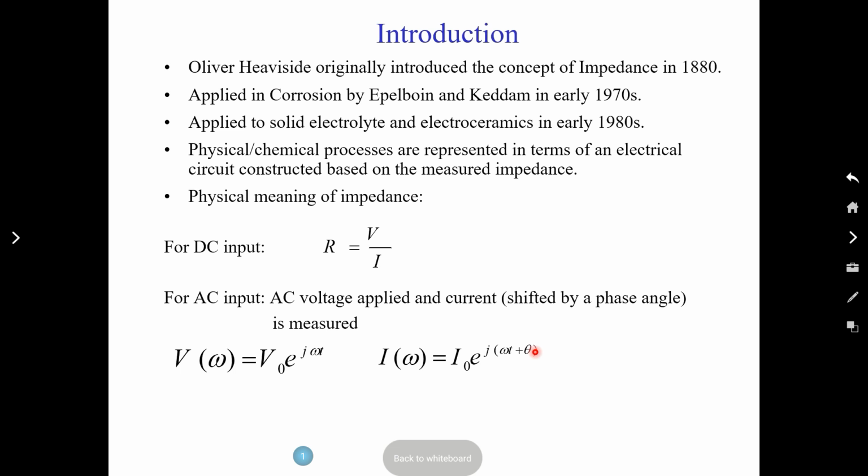The current will follow a similar pattern, but it will be shifted with respect to the voltage. That actually represents the dielectric lag or delay, in the sense that as soon as you apply voltage, current picks up to a certain level, but doesn't pick up to the saturation level right away.